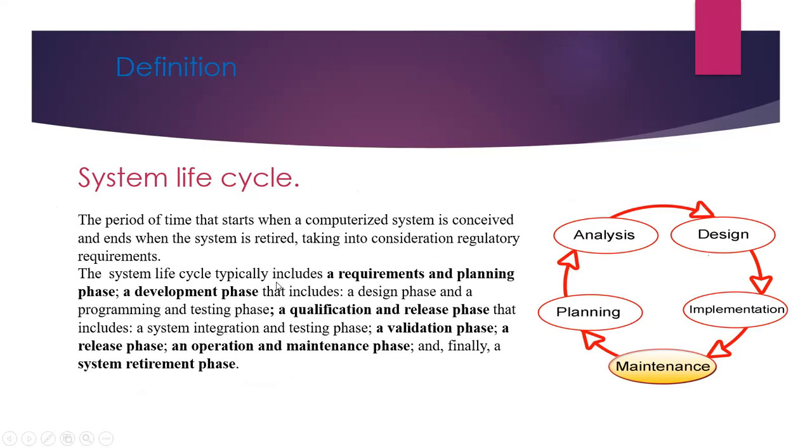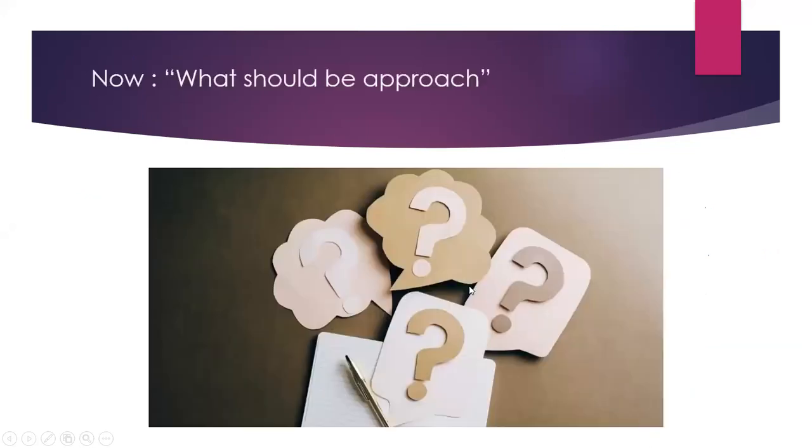The system life cycle typically includes a requirement and planning phase, a development phase that includes a design phase and a programming and testing phase, a qualification and release phase that includes a system integration and testing plan, a validation phase, a release phase, an operational and maintenance phase, and finally a system retirement phase. So these are the phases used for the system life cycle.